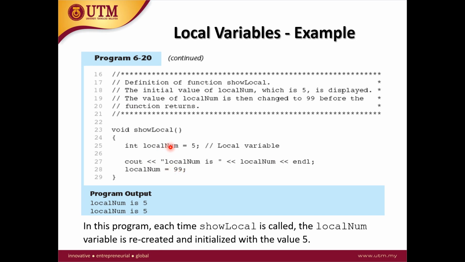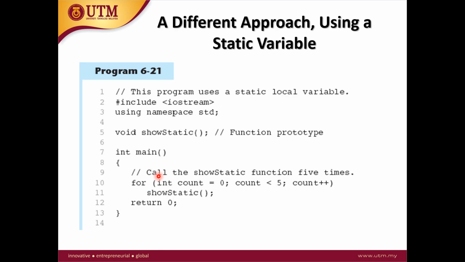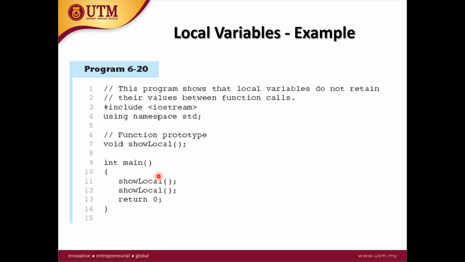What is going to be happening here? 5 is going to be printed in the first call. After the first call, we are going to change the value of local num to 99, but when we go outside this function, this is going to be reset. The value of local num is going to be lost. So in the first function call, 5 is printed.